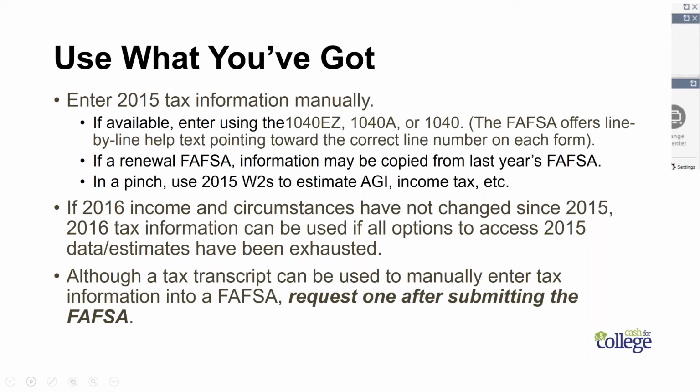Also, if they're really in a pinch, and this would only be if they don't have access to their 2015 tax returns, and by the way, when they request a transcript from the IRS, it can take up to 10 business days.